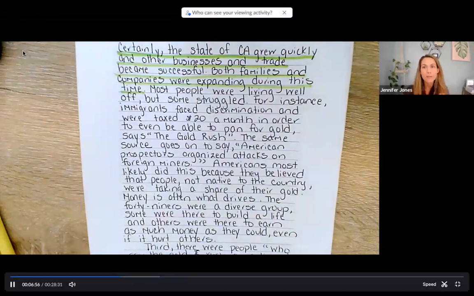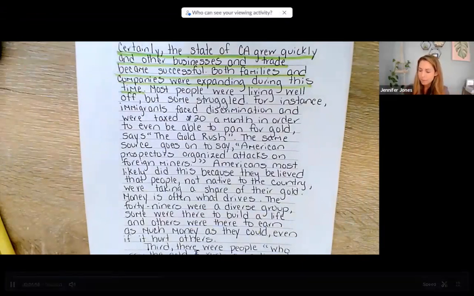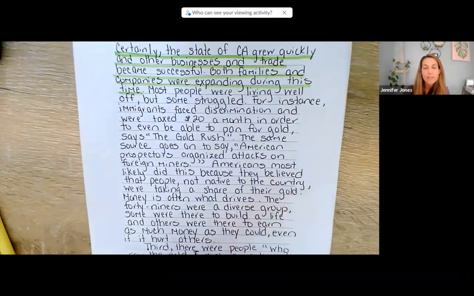That the 49ers face. I'm going to do that in my third color. Go ahead and underline or highlight your B sentences now.